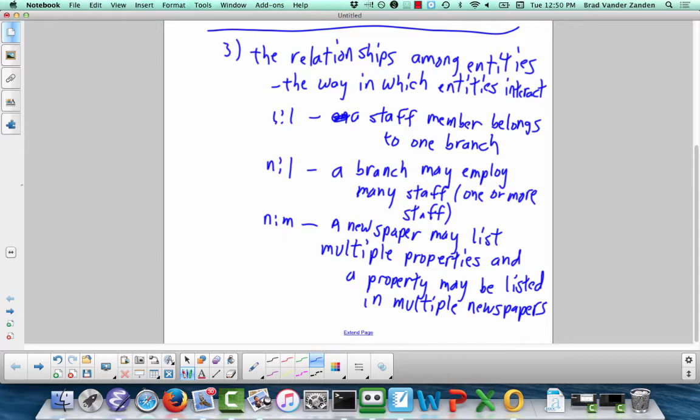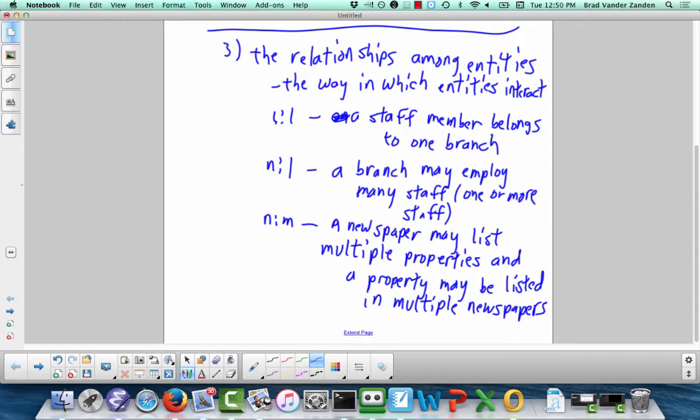And these relationships are typically going to naturally define the types of queries that we write. For example, we may want to know which staff are associated with the branch on 1678 Cardiff Road. Or we may want to know which newspapers are advertising this particular property.